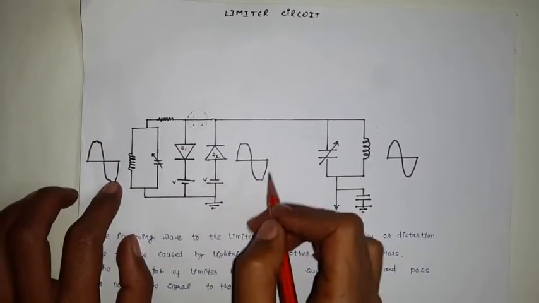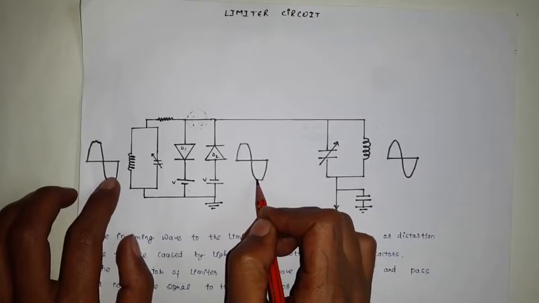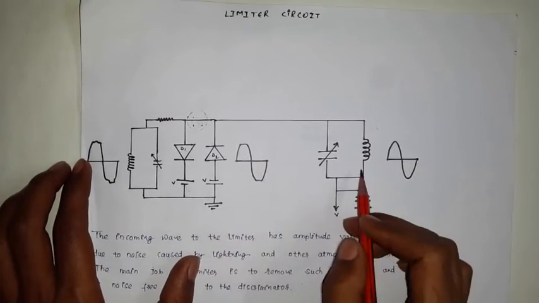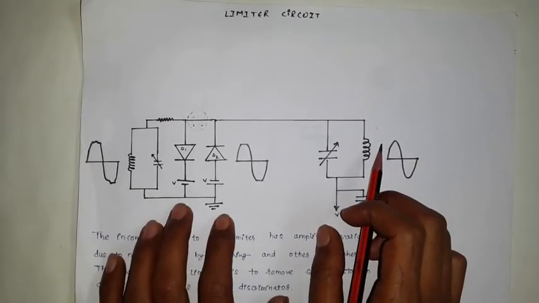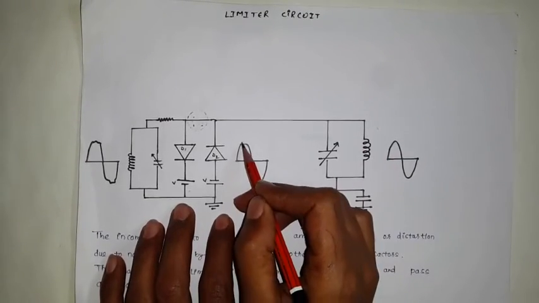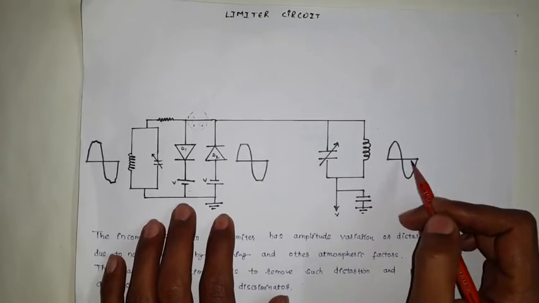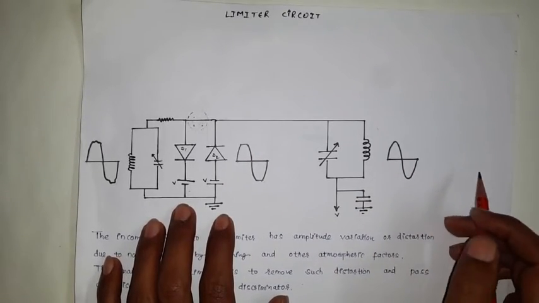Similarly, for the negative wave, the distorted signal is clipped out. Now this clipped signal is fed to this circuit, which smoothens it and provides a smoothened signal to the discriminator.